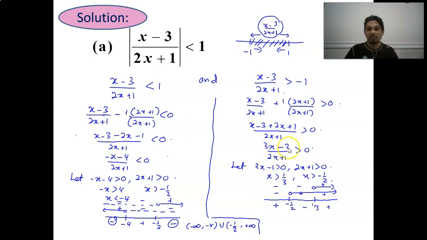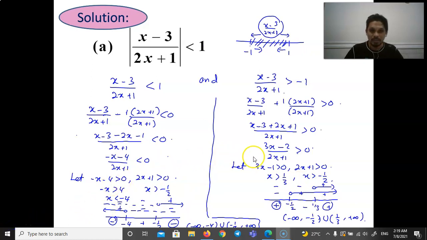And this rational function here is greater than 0. Greater than 0 means that the value is positive, right? This one here and here. So the solution set for case number 2 is negative infinity until negative 1 over 2 union 2 over 3 to positive infinity.